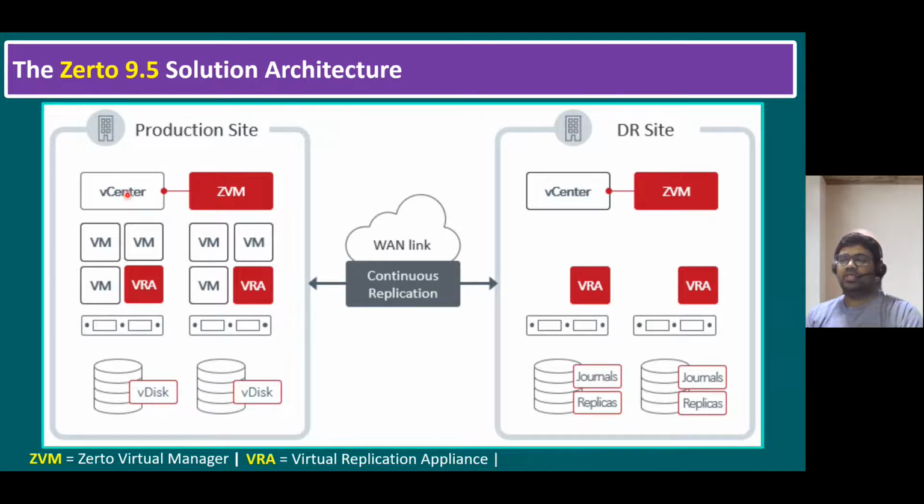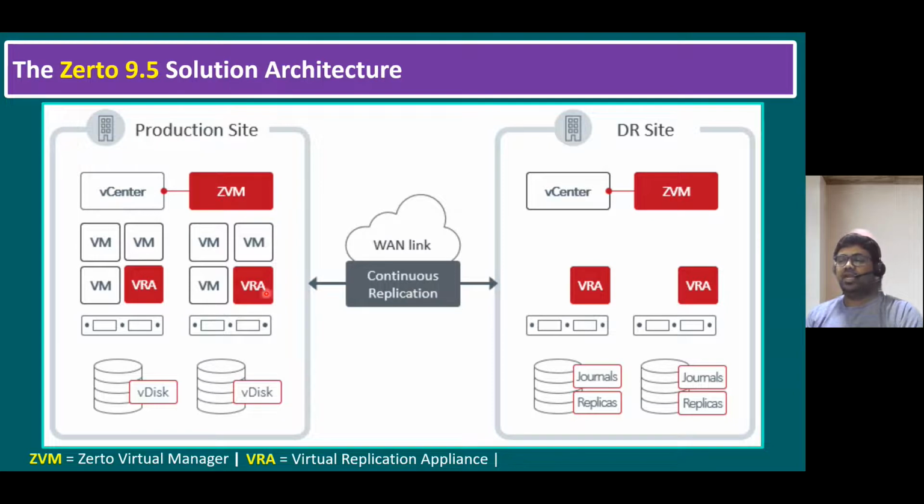Same as vCenter allows us to manage multiple ESXi hosts, vCenter is a management tool. Similarly, ZVM manages all the VRAs, the virtual replication appliances. To manage all the VRA appliances, it requires a ZVM. So ZVM takes care of all the VRAs within the site.